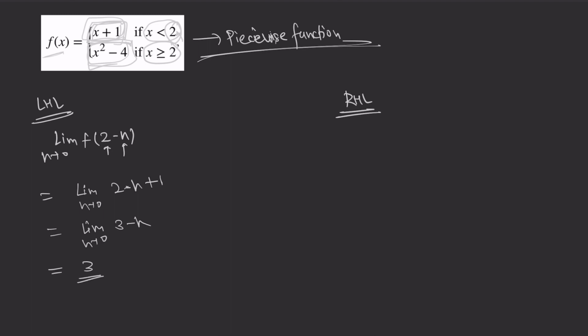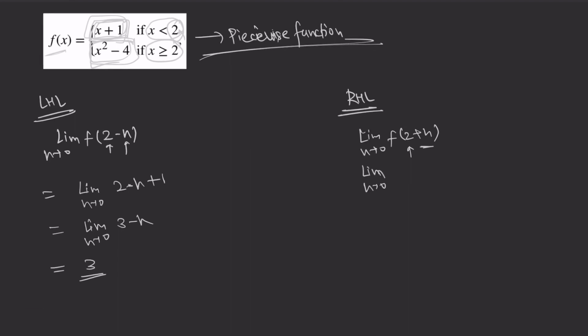Now RHL, limit h tends to 0, f of 2 plus h. Now I added h, a small quantity, to 2, so it will be greater than 2, and for greater than 2 the definition is x square minus 4. So I'll put 2 plus h in this. What will it be?